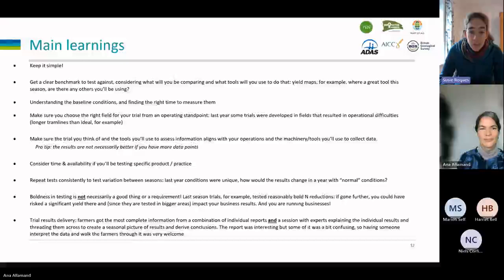A treatment has to be bold enough that you might actually see a difference, but not so bold that you're testing something that you would never do in real life, and that's not going to risk too much yield. So there's things that we do in small plot trials with untreated areas that would be a very bad idea in an on-farm trial. You wouldn't leave a strip untreated by herbicide, for example, or you'd lose too much yield and leave a huge problem for next year.